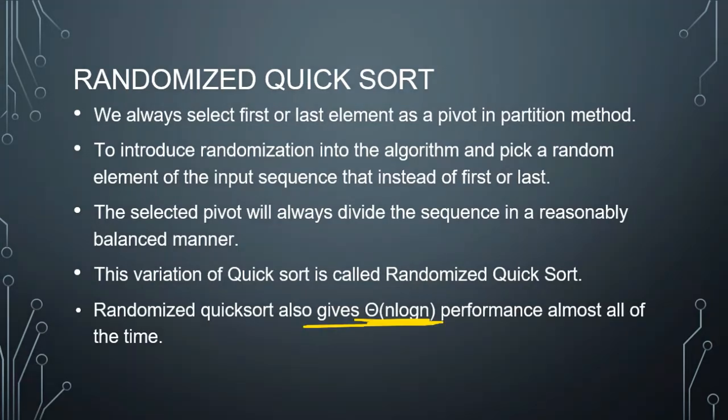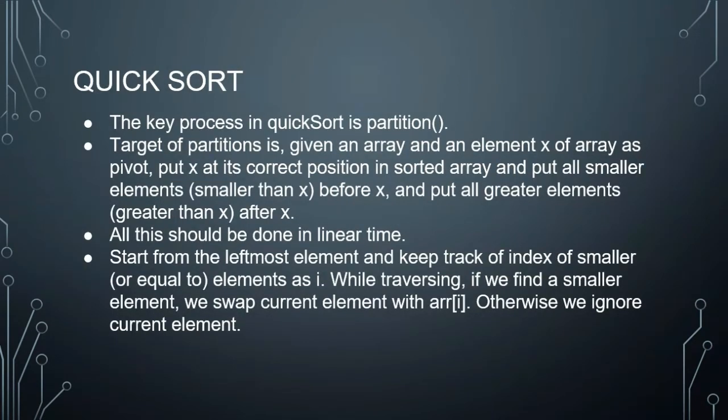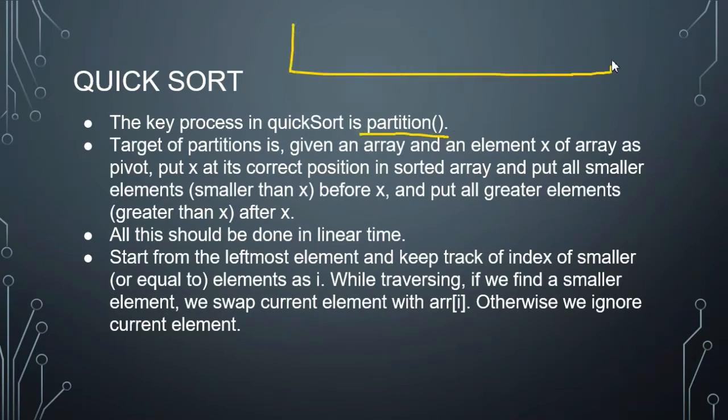Here we see how quicksort manages its work. The key to quicksort is the partition method. The partition method selects a pivot from an array, divides it into several sub-arrays and then sorts it, as it uses the divide and conquer approach.